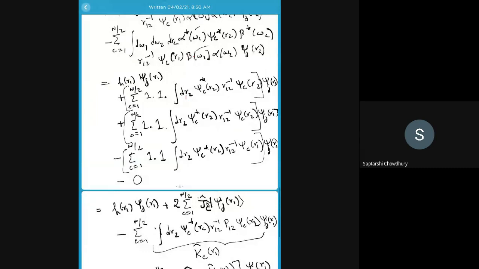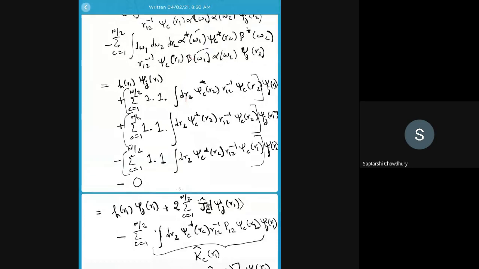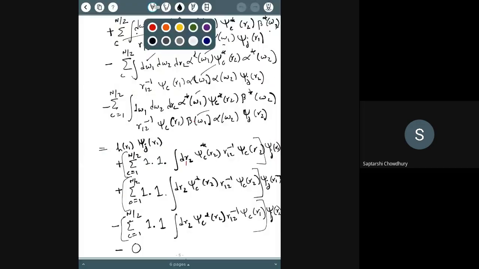It was an integral of only one spatial orbital over here. So you see, this is the Coulomb operator.